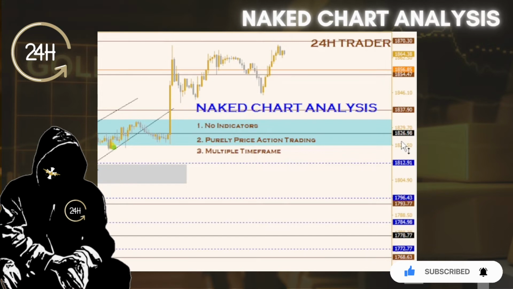But when I check the 1 hour time frame, it is in the progress of a distribution schematic. So I should open sell instead of buy. So yes, it's very important for you to see where the market is positioned on the different time frames.